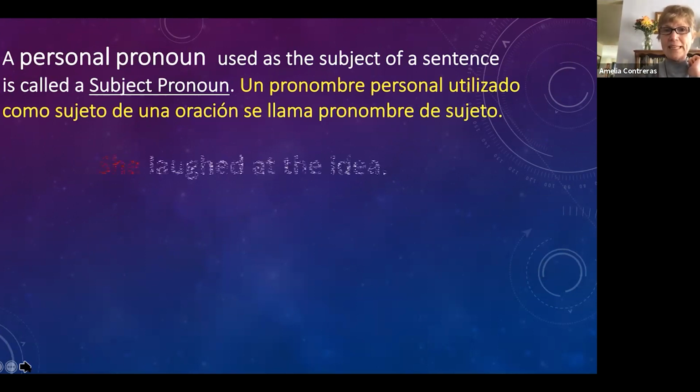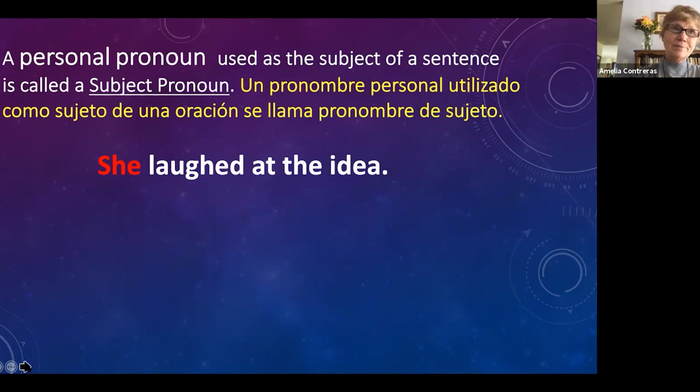And typically, subjects will often be found at the start of the sentence. So in this case, the pronoun she is being used as the subject. She laughed at the idea. The sentence is about she, and that might be Lisa or Sarah or Mary, whoever the she is.